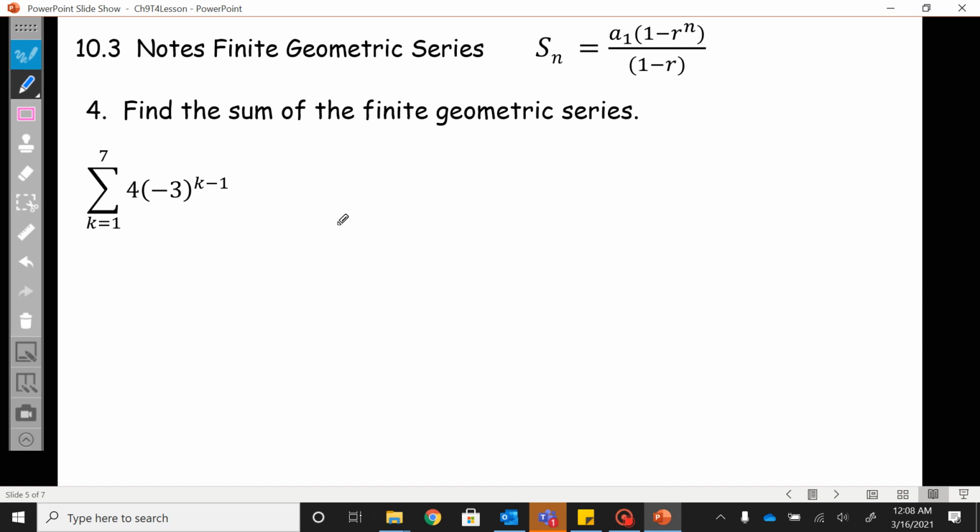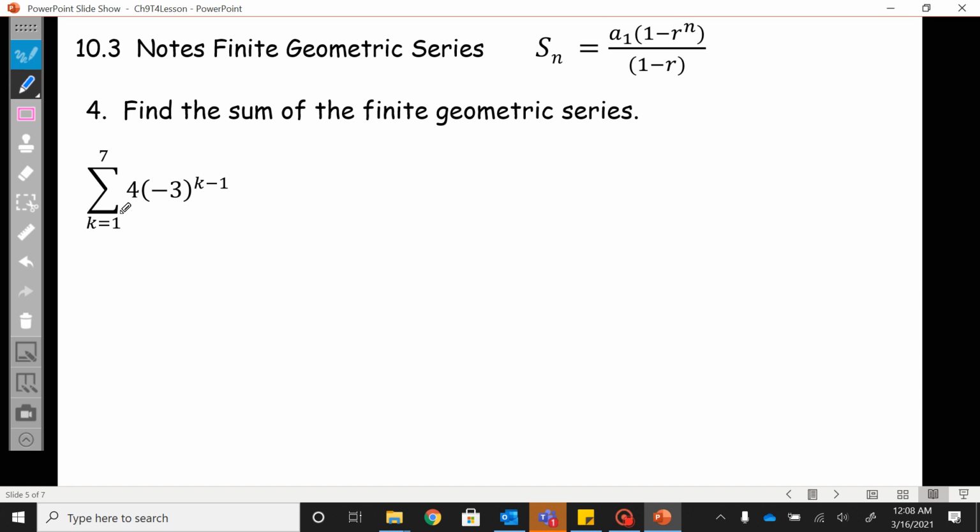So let's see what this series is. We need the first term, the common ratio, and the number of terms. Well, all of the other stuff is here.